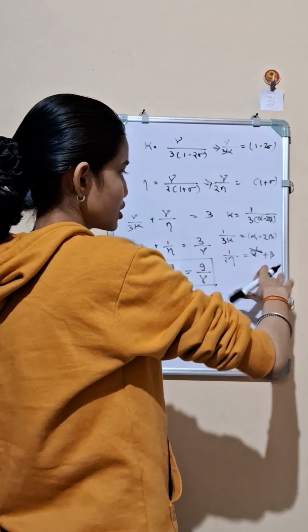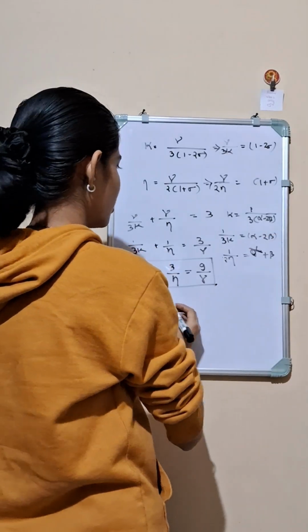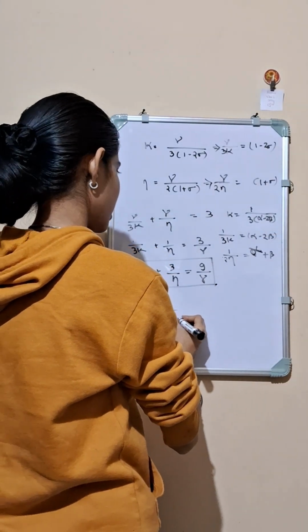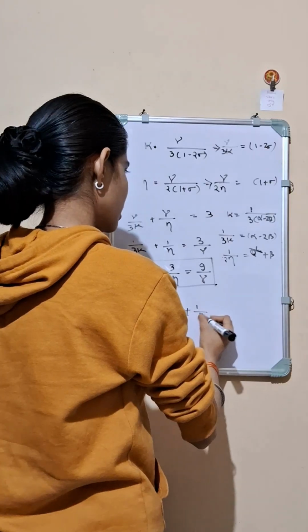Multiply this equation with 2, and beta will cancel out.